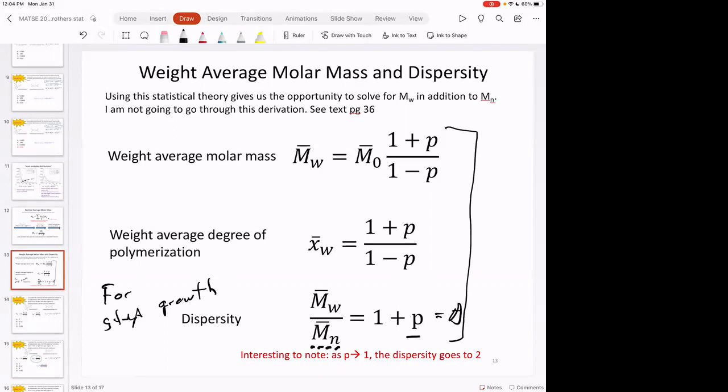Oh, yeah. If you know the dispersity, you need to use that, because the dispersity is actually a direct measure of MW over MN. If you don't know the dispersity, this is the theoretical equation if you know P. But if you know MN and you know the dispersity, don't use this equation, because the dispersity is an experimental number that you measure.